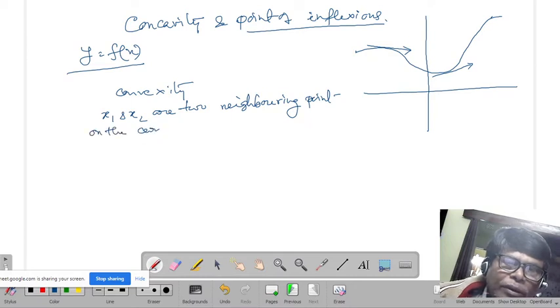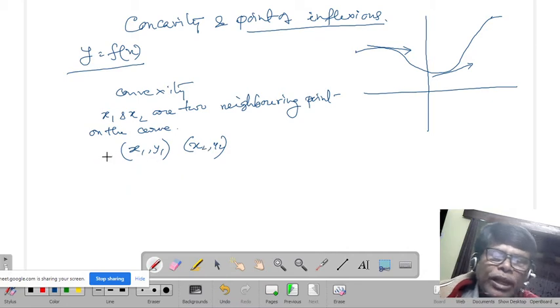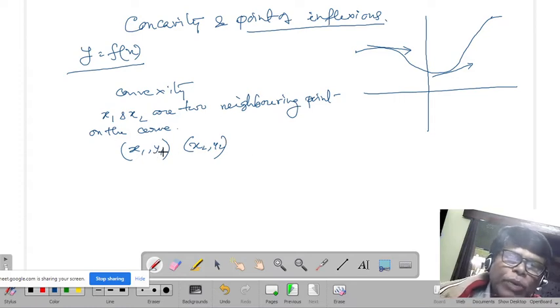That means at x1 the value is y1, not the derivative, just y1 is a value of y, and at x2 it is y2. So we call these ordinates x1 and x2 the two neighboring ordinates of a curve, and the corresponding values are y1 and y2.